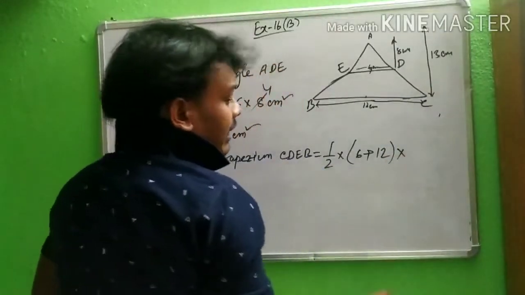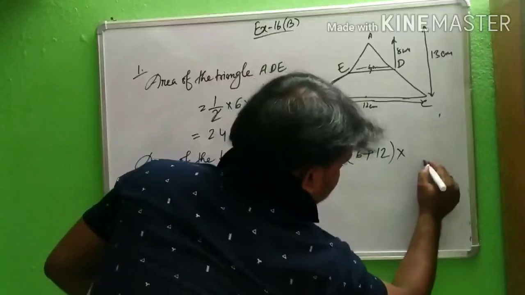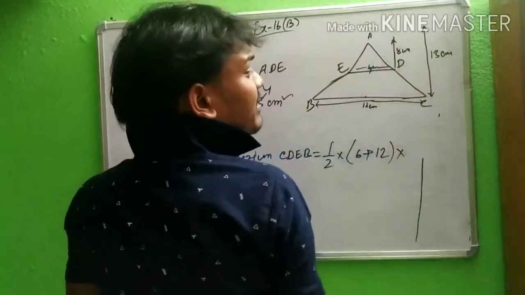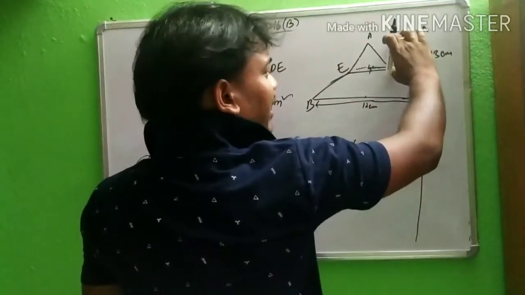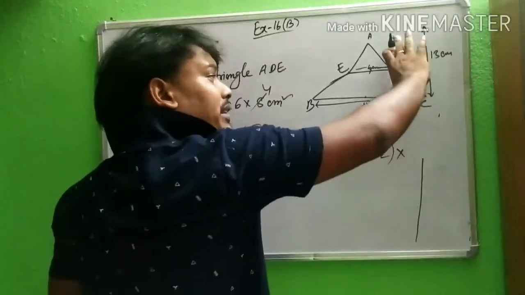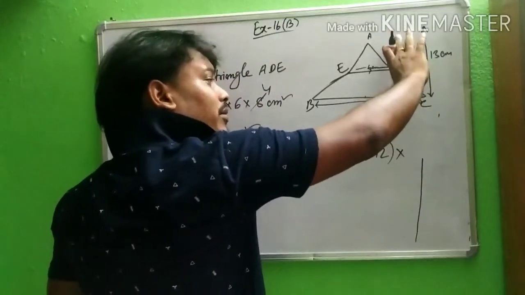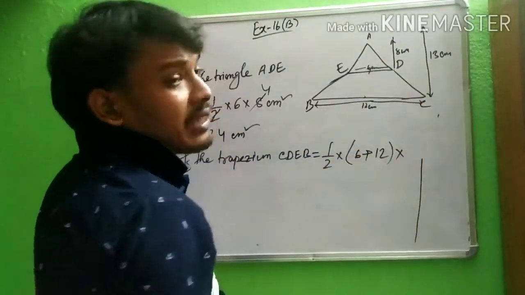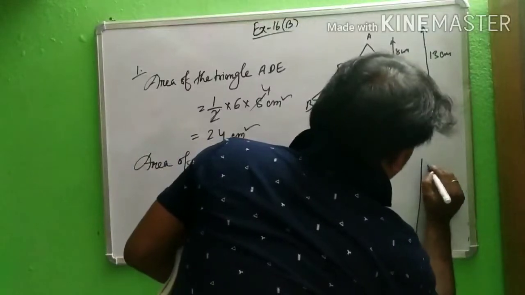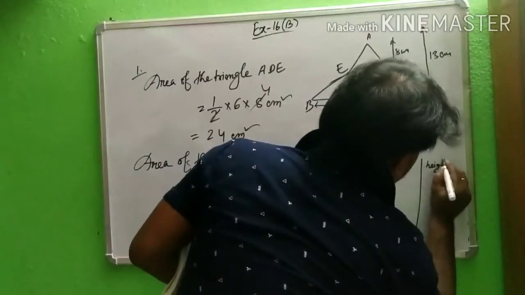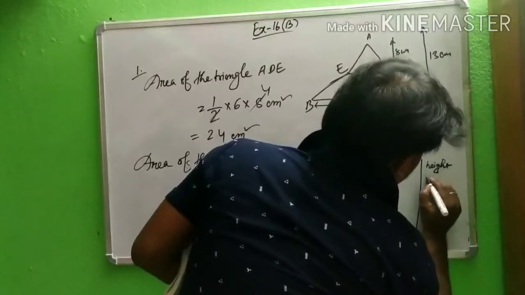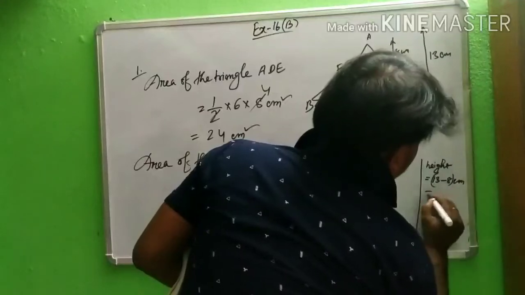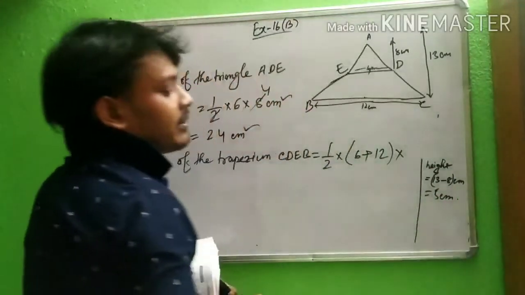Height, that means here, right in the side in the corner. Total value is 13 centimeter and this value is 8 centimeter. If we subtract 8 centimeter from 13 centimeter, we get the height of the trapezium. So height equals 13 minus 8 centimeter; 5 centimeter is the height of the trapezium.